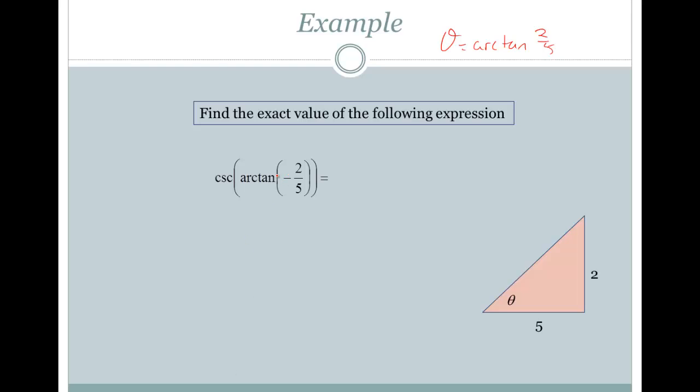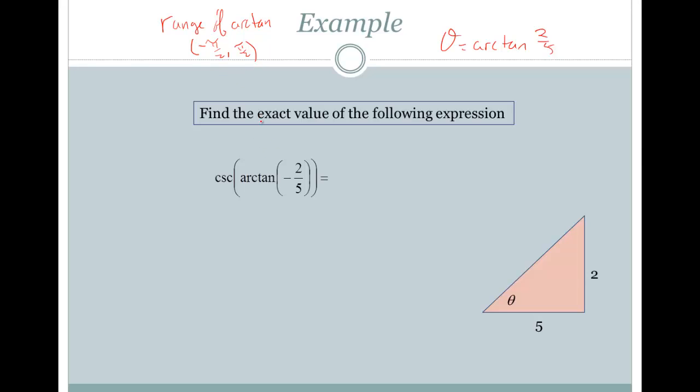The other thing we should notice is because that's negative, we're going to be in the 4th quadrant, because remember the range of arctan, again, it's important to know what you're going to get, is -pi/2 to pi/2.